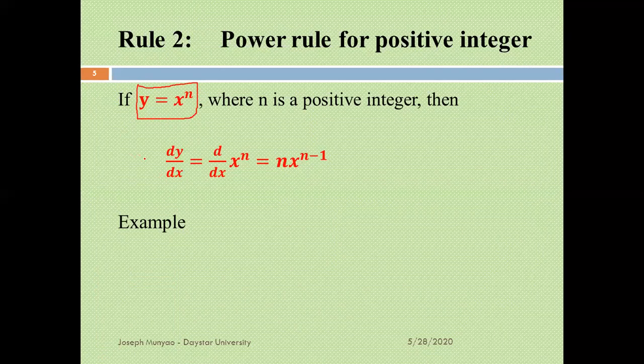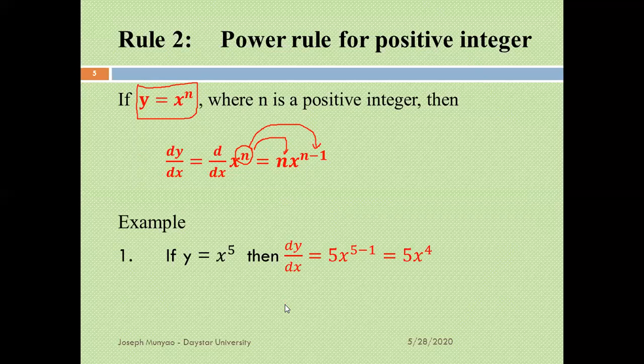To get the dy dx, simply get the power of x, bring it in front there, and then that same power, reduce it by 1. So if I have an example like what I have given you there, that is y is equal to x raised to 5, then simple.